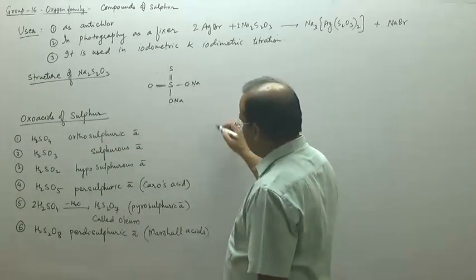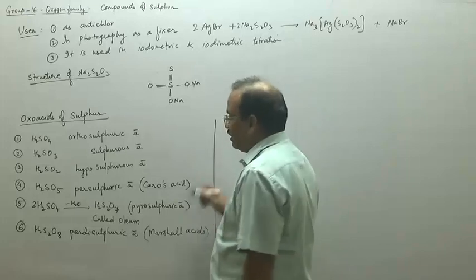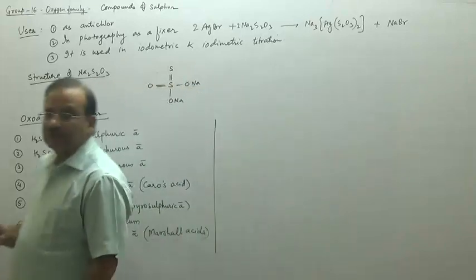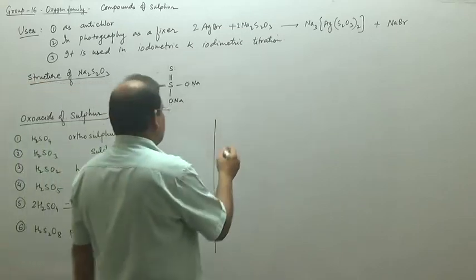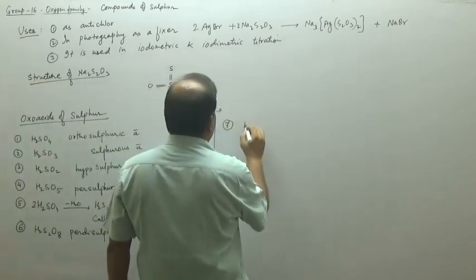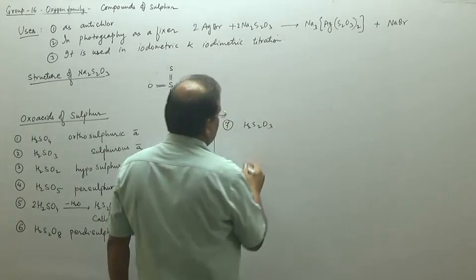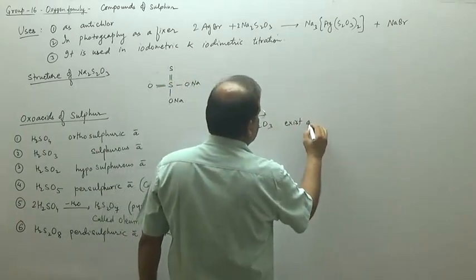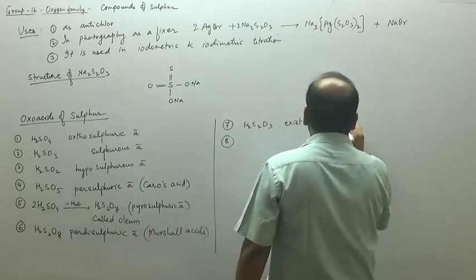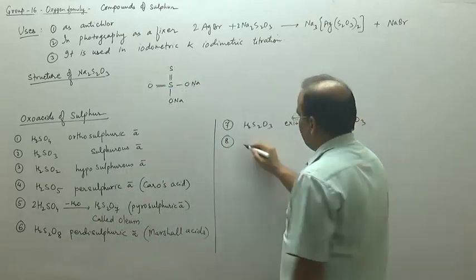Then we can write the other acids of sulfur. H2SO3, we have written that, H2SO2, we have written that. Now H2S2O3, and we'll write that it will not exist as an acid, it exists as a salt, Na2S2O3.